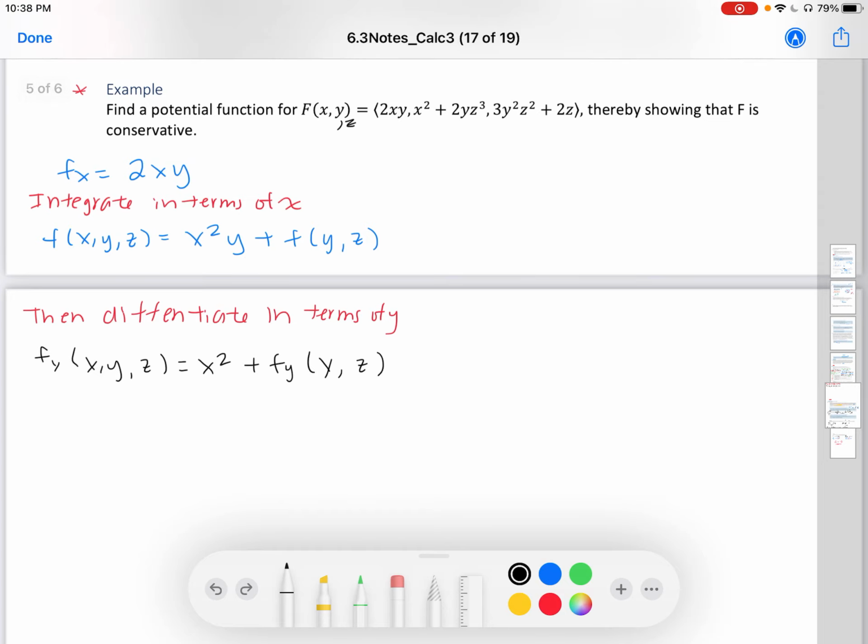Okay, then we want to compare the second component. So for the second component, we have x squared plus 2y z cubed, right? X squared plus 2y z cubed. All right, and we want to go ahead and compare it.